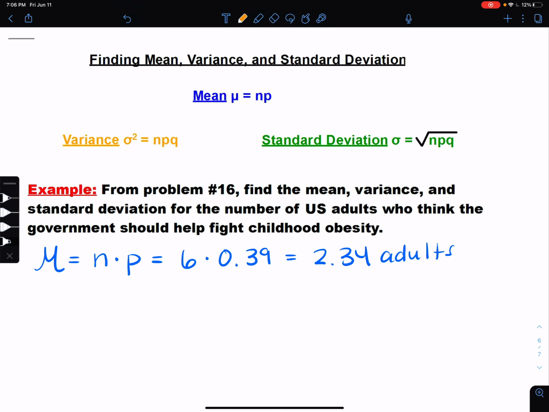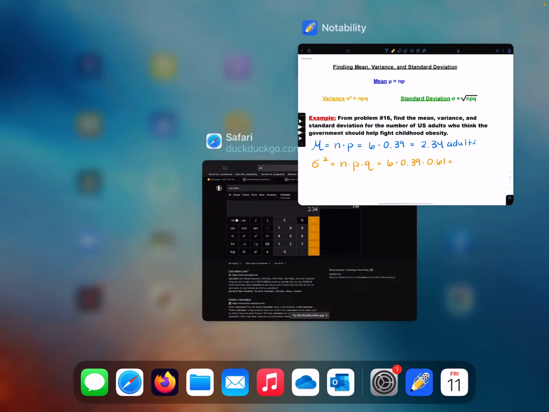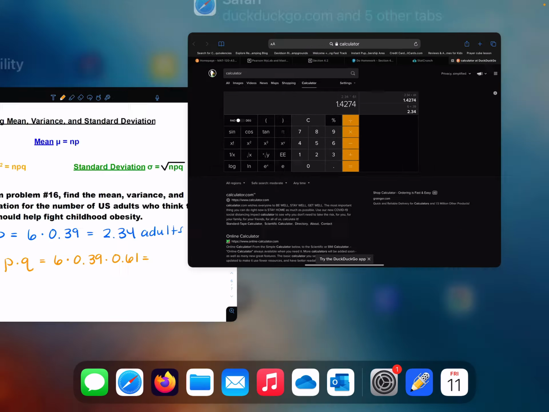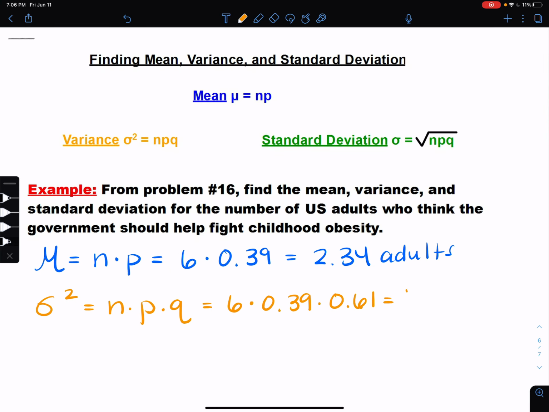Now, if I want to look at variation, for the variance, I just need to also bring in the chance of failure, the value of Q. So I'm going to take that 6 times 0.39, and then remember Q was just 1 minus P, 0.61. So if I take what I had, multiply that by Q, then I've got a variance of 1.4274.